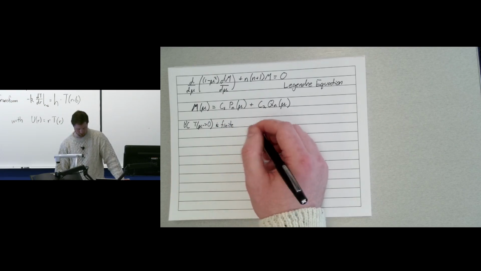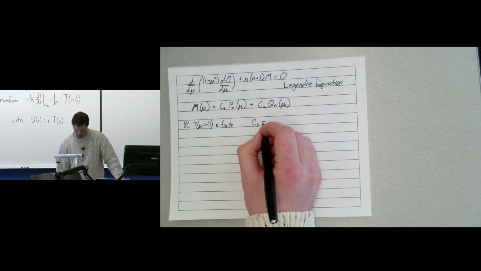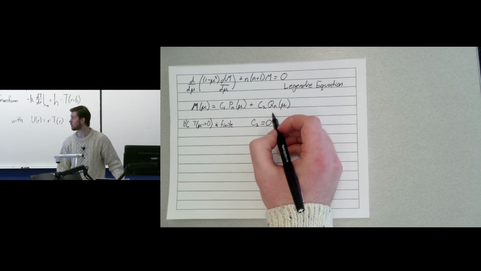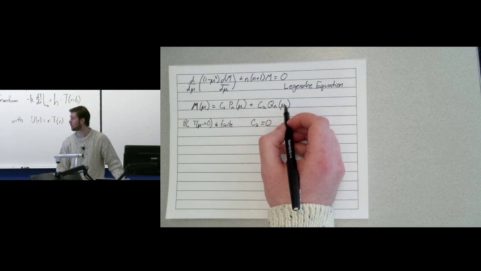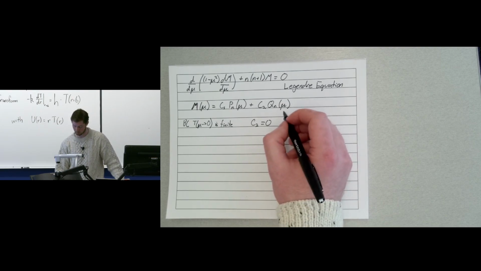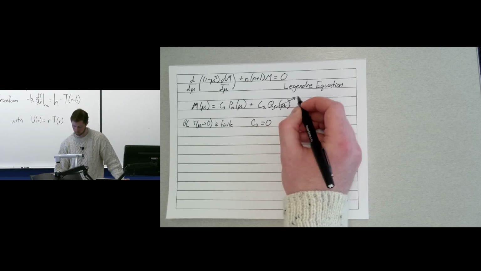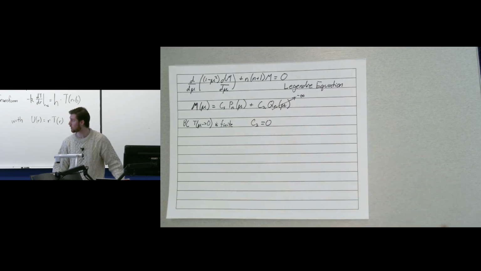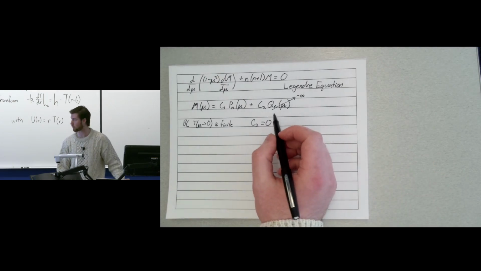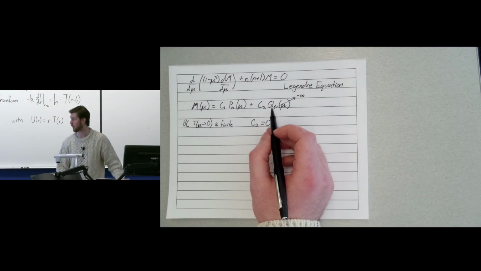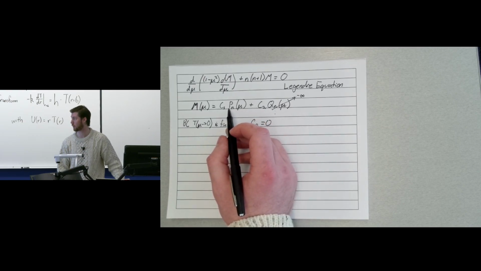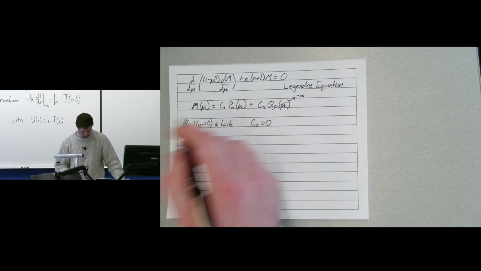This will give us C2 is equal to 0 because Q of mu will give us, I believe, a negative infinity. You can find that again in Appendix 5. This is going to happen for pretty much every single case we have. We'll just be left with the Legendre polynomial of the first kind.